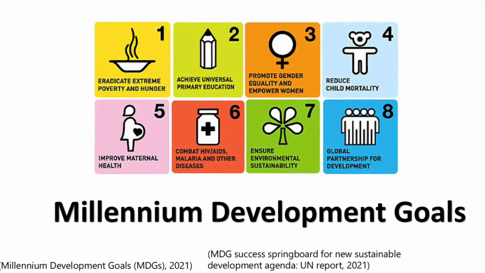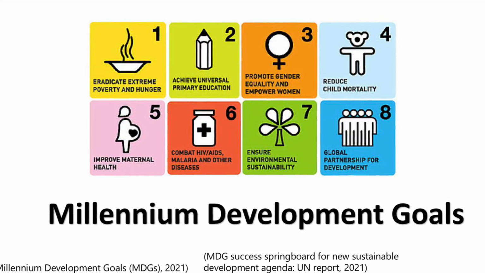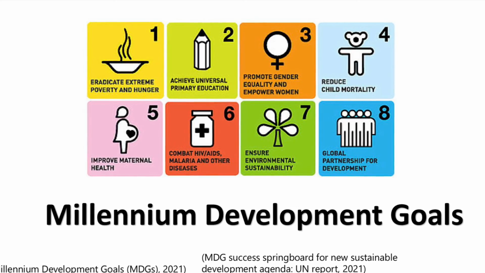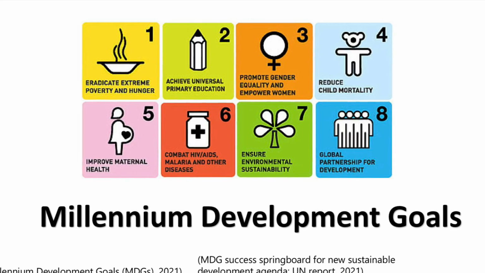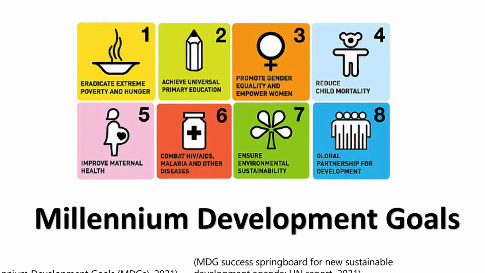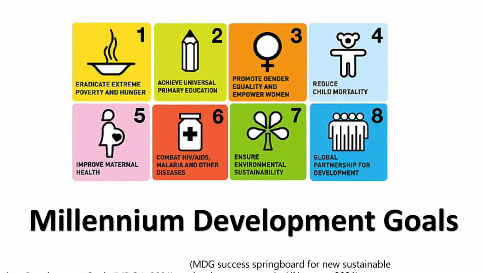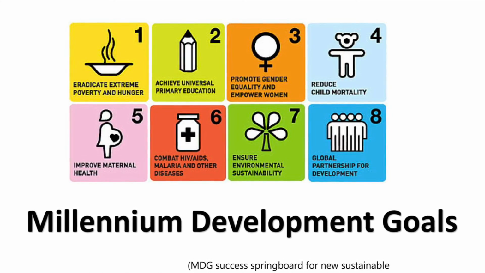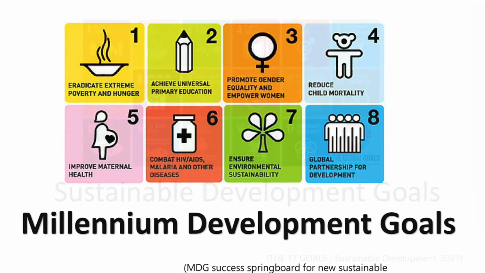With the work of the UN, they created the Millennium Development Goals, which are also referred to as the MDGs. In 2000, these 8 goals were given a 15-year time length for them to be achieved, and due to the significant work from the organisations, the MDGs were able to lift millions of people out of poverty, empower women and girls, improve health and well-being, and provide vast new opportunities for better lives.